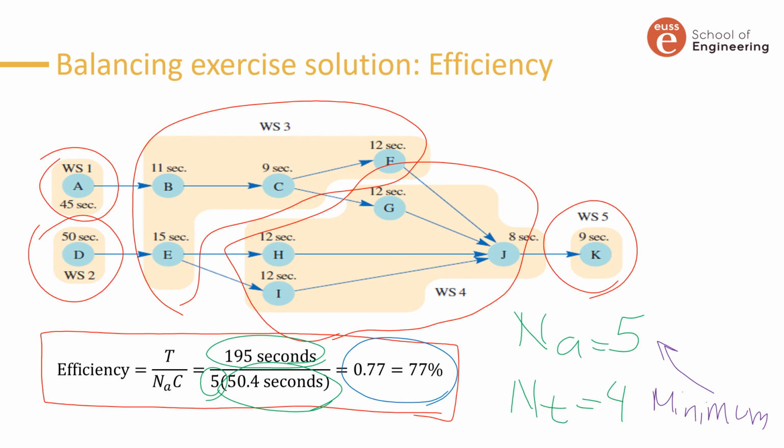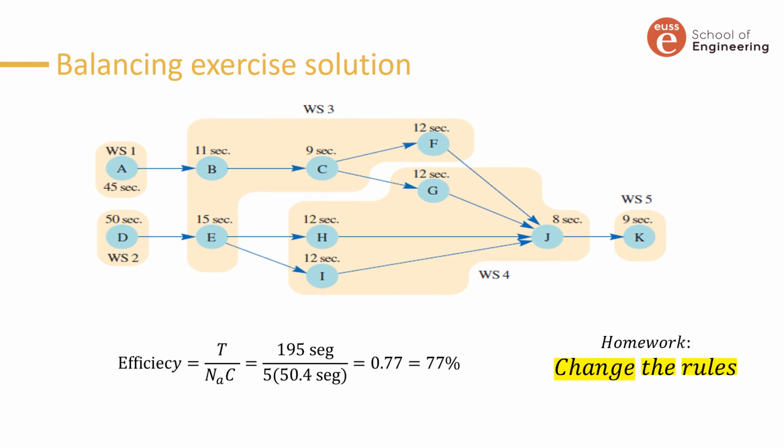What should we do? We should change the rules. As you remember, point 7 of the slide of the steps of balancing an assembly line. As a homework, we have it in the next slide. As I told you in the previous slide, as a homework, I asked you to change the rule.